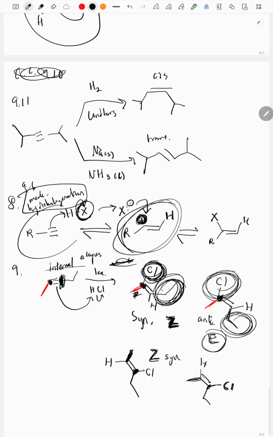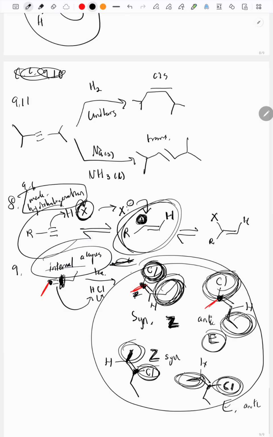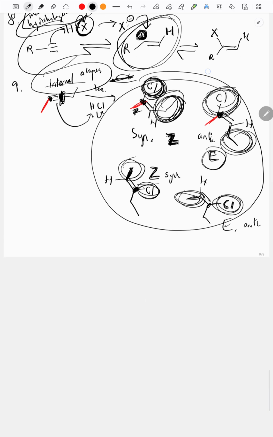If that's the case, then this is considered E, as in for opposite or anti. Let's clarify this again. This is opposite because methyl and chloride are opposite. Here is the same because both methyl and chloride are on the same side. So we get a total of 4 products you could form when we're dealing with internal alkynes reacting in hydrohalogenation fashion.